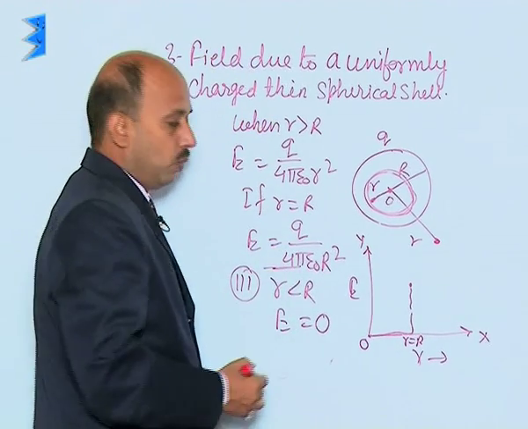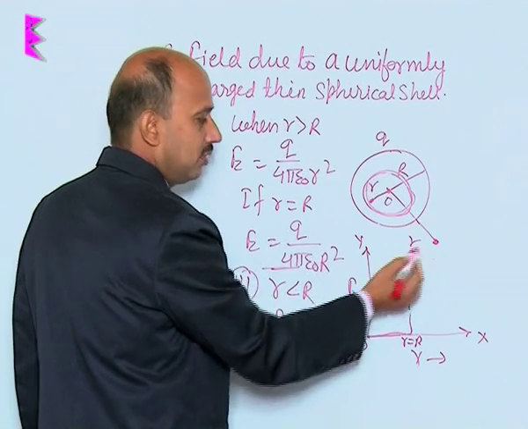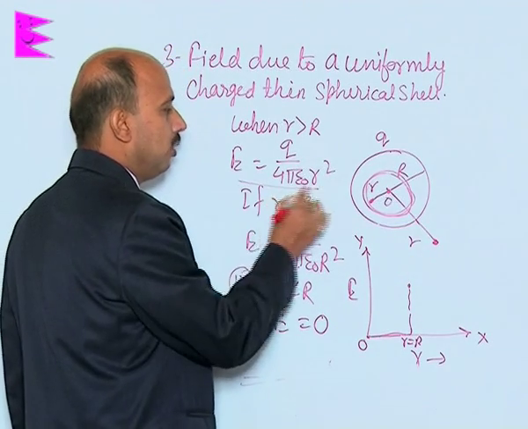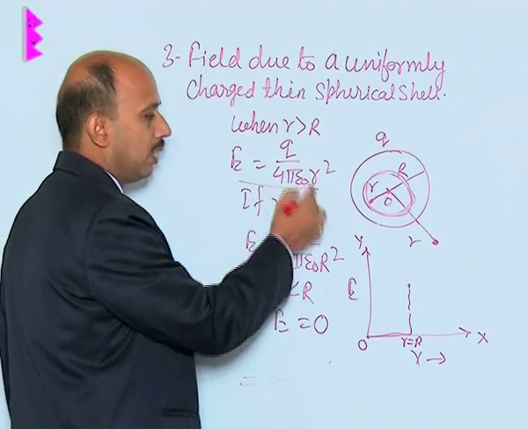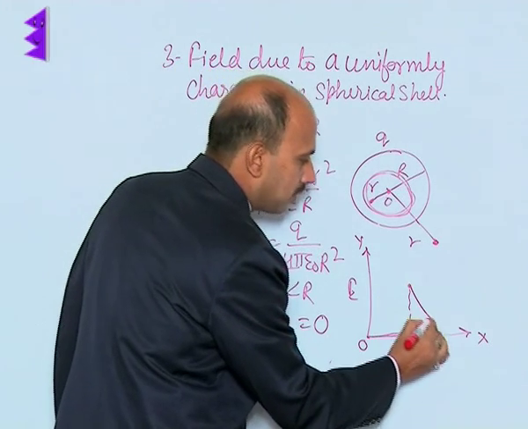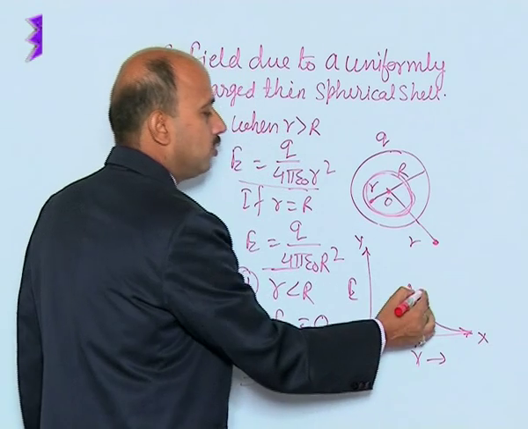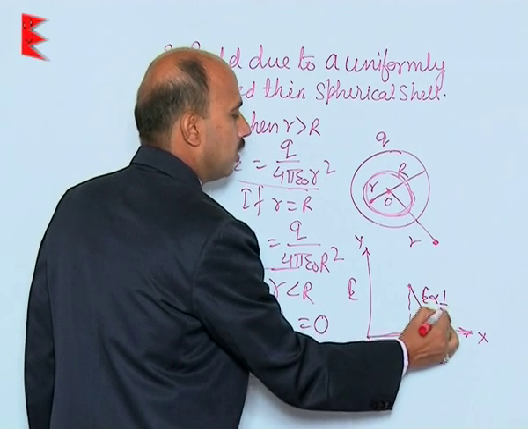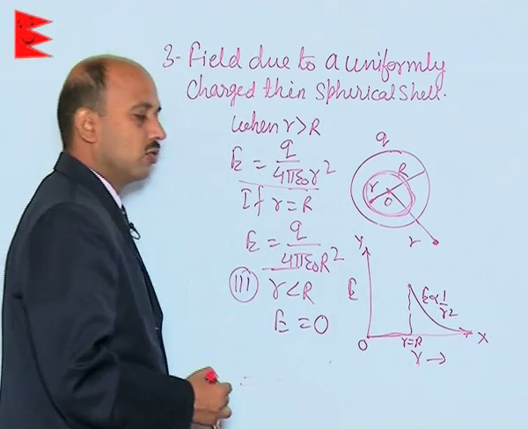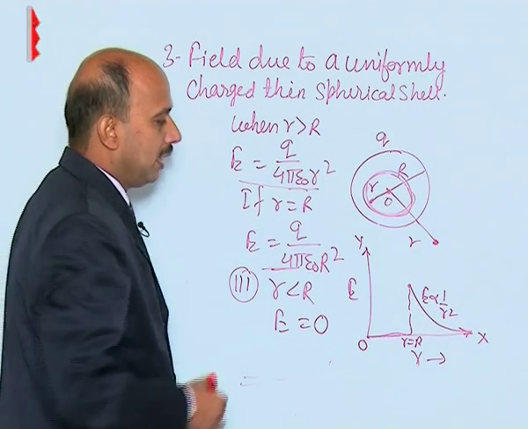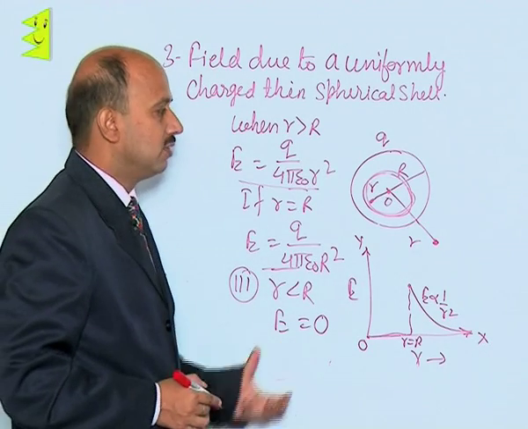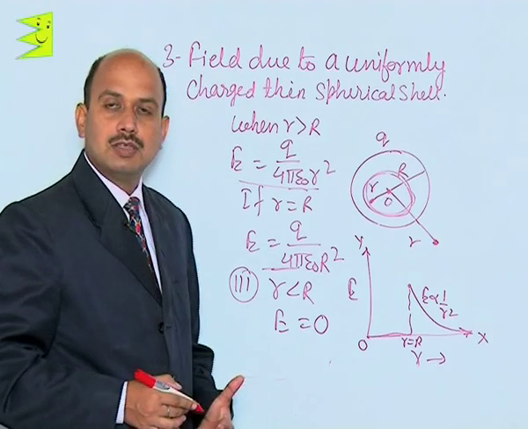When we go beyond this surface, electric field intensity reduces because E is proportional to 1 upon r square. So, the graph is like this. Outside, E is proportional to 1 upon r square. So, this is the variation of electric field intensity with the distance r from the center of the spherical shell.